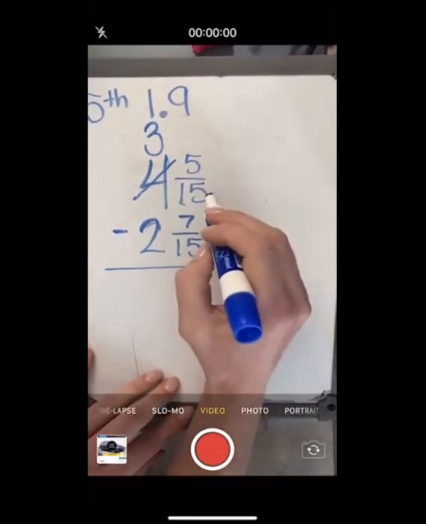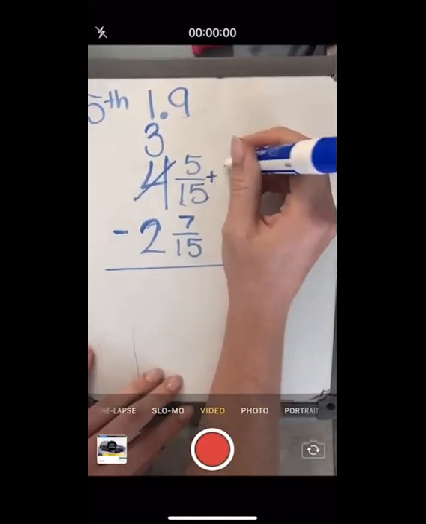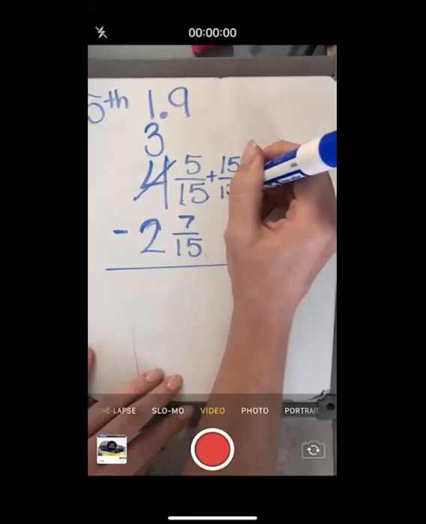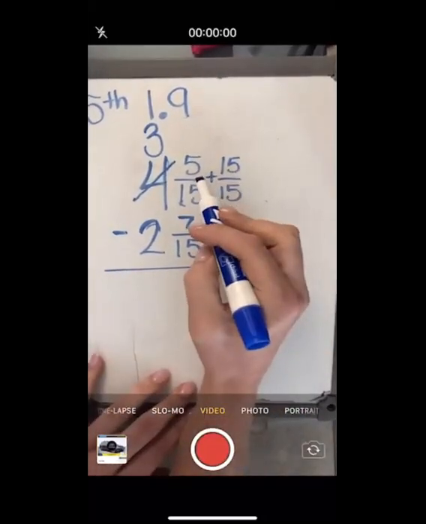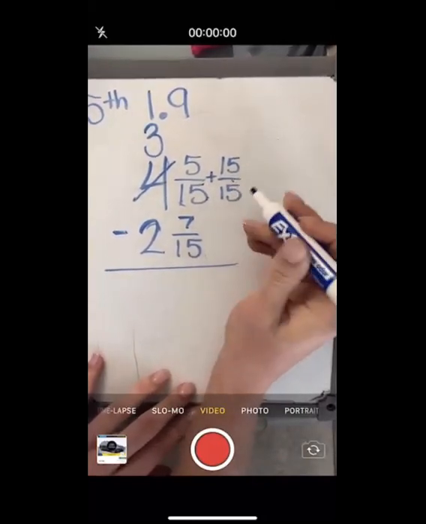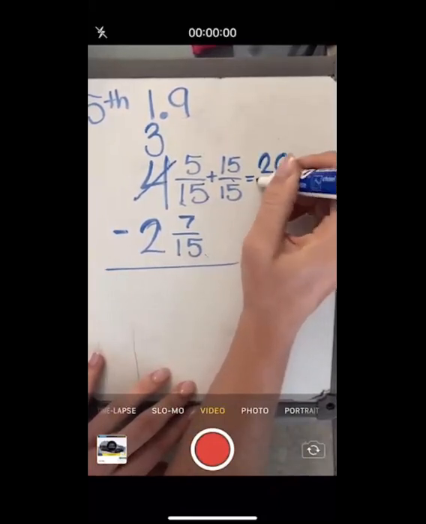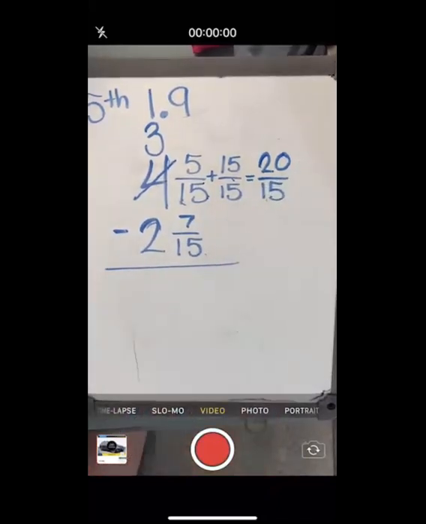And because I'm working in 15ths, 1 whole would be the same as 15/15. So now Gio has 5/15 plus this whole that he took out, which is 15/15. So now Gio's like, okay, mom hooked me up. I now have 20/15. And now if I'm like, hey, Gio, you owe me $7, he's like, cool, I have $20, no problem.